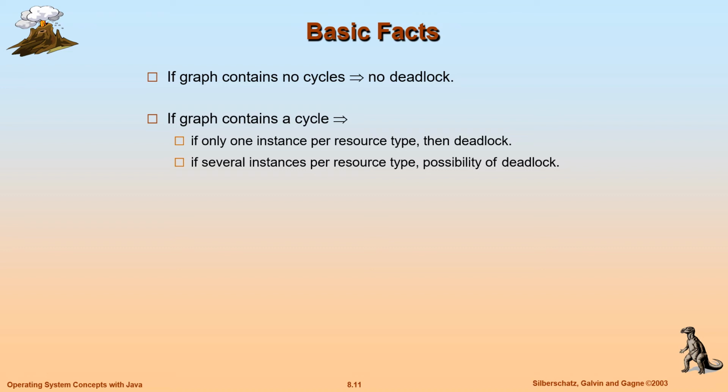If a graph contains a cycle and there is only one instance per resource type, then deadlock must happen. If there are several instances per resource type, there is a possibility of deadlock. Deadlock may happen or may not happen. These are the facts we should consider.